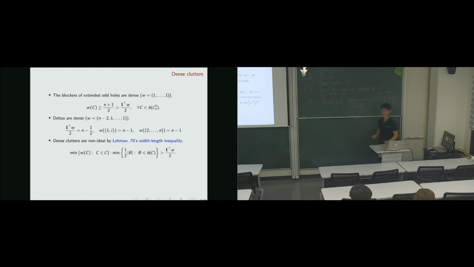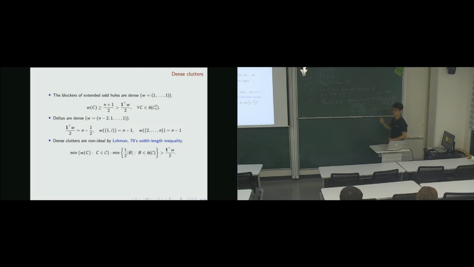You can actually set L to O1's vector. So basically, minimum width is greater than W transpose O1's divided by 2, and minimum length will be the cardinality of a cover.